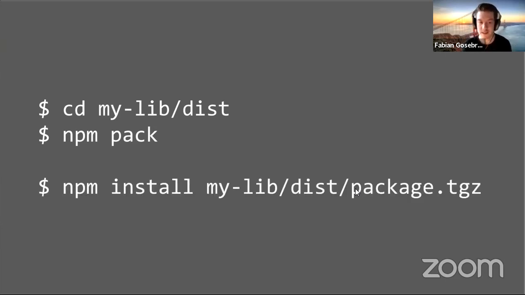So you can npm install the package.tgz afterwards, and this is the closest you can get to the version which gets distributed to npm if you would publish it. This is a pretty nice feature, which I think I'm using all the time if I want to test locally if my library does what it should do, basically.